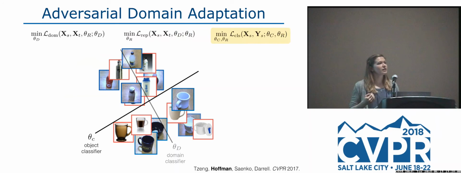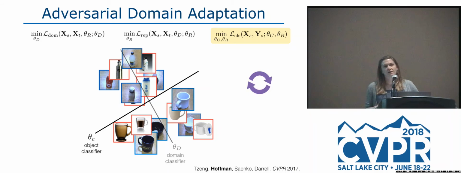Now we can use the labeled source data again to train an object classifier under this new representation, and it will perform better on the more aligned source and target data. This procedure is, of course, iterated in high-dimensional space, and you basically keep going until there's no longer a domain classifier able to tell the difference between the source and the target data.